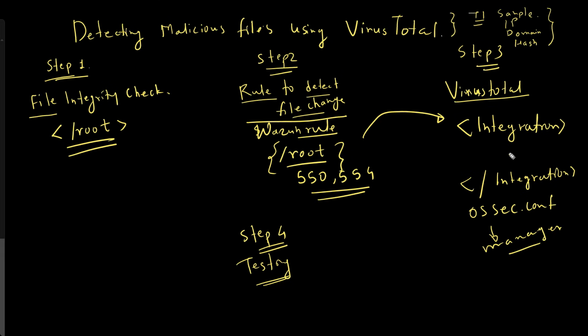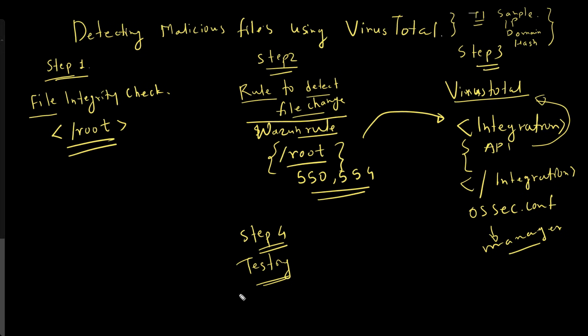This integration needs to be added where we are going to define the VirusTotal API. This is the way it will trigger VirusTotal whenever a new file has been added in the root directory. But the question is, how are we going to test it in our hands-on lab?